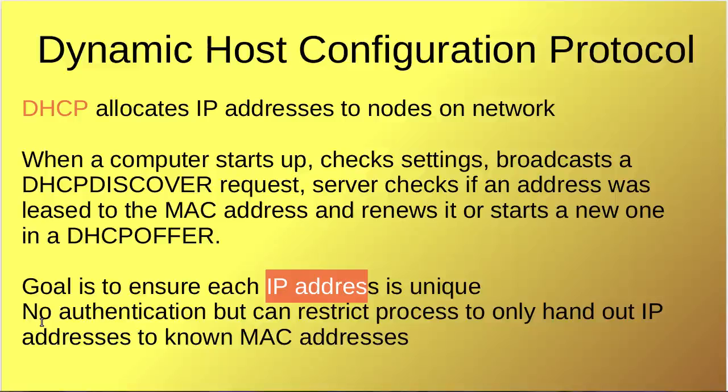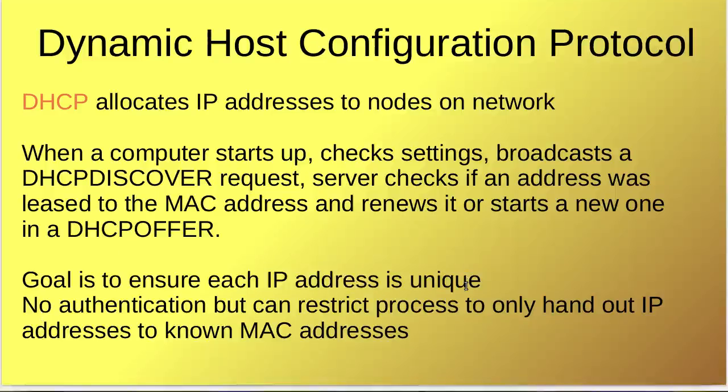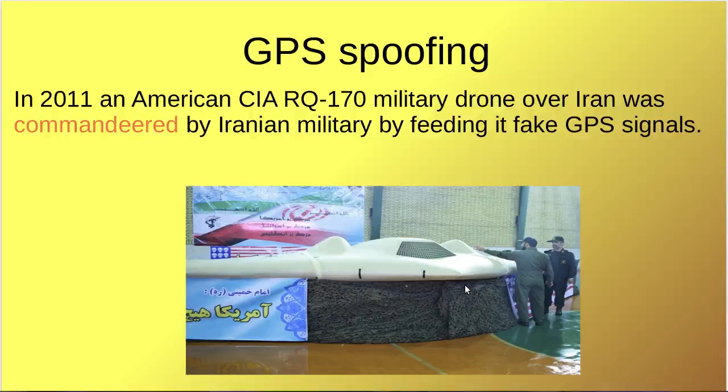To do this, you have to know the MAC addresses of all the machines that are potentially going to connect to that network in the future. So you can restrict the DHCP to only hand out IP addresses to devices that you know about.